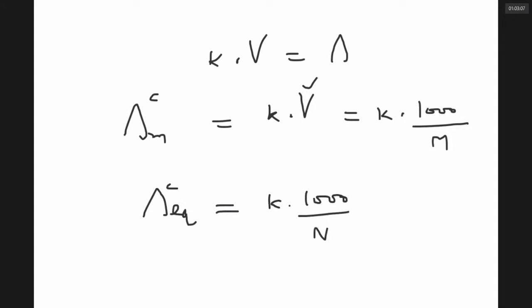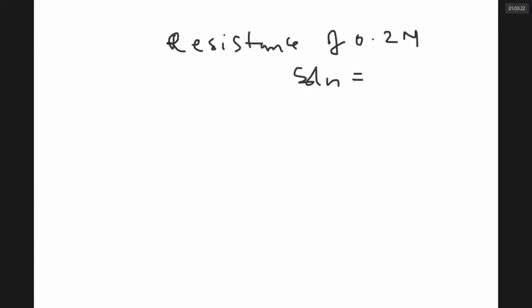Now I want to solve an interesting problem. Look at this problem, sir. Please take down this problem. The resistance of a 0.2 molar solution is equal to 50 ohms, and its K is equal to 1.4 Siemens per meter.